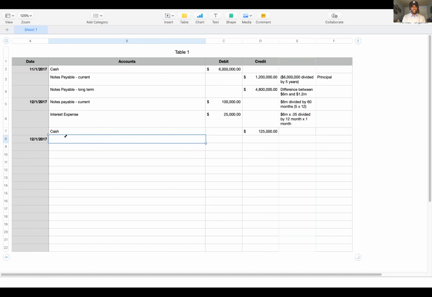On 12/1, we also have to do a journal entry where we debit notes payable long-term for 100,000, and we credit notes payable current for 100,000, so that we keep the notes payable current account at $1.2 million, the amount that we owe over the next 12 months.